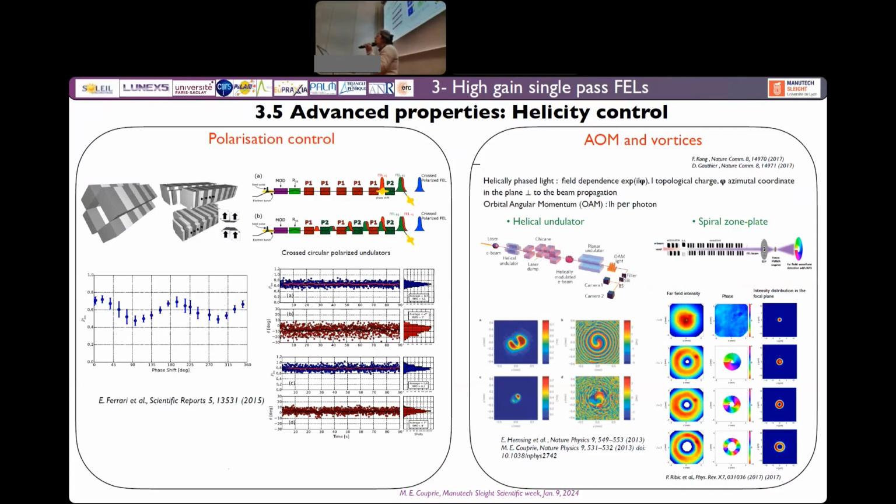With FEL, as I explained about the phase of the FEL, and this is very interesting because we can also develop angular orbital momentum and vortices in FEL by playing with the phase, and this we can do either using a helical undulator or putting a spiral zone plate on the light.